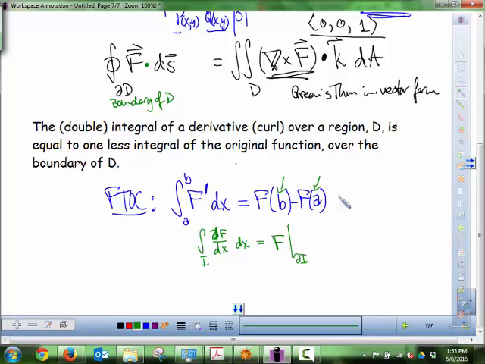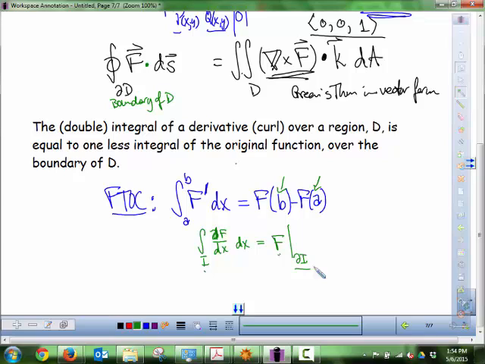That's the boundary of the interval. So the integral of a derivative over a region is equal to one less integral of the original function over the boundary. That's the original fundamental theorem of calculus.